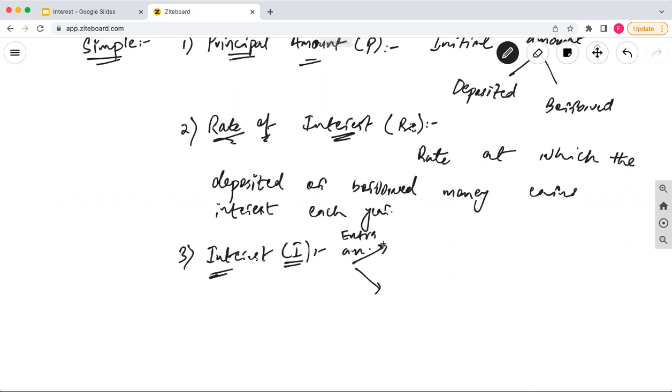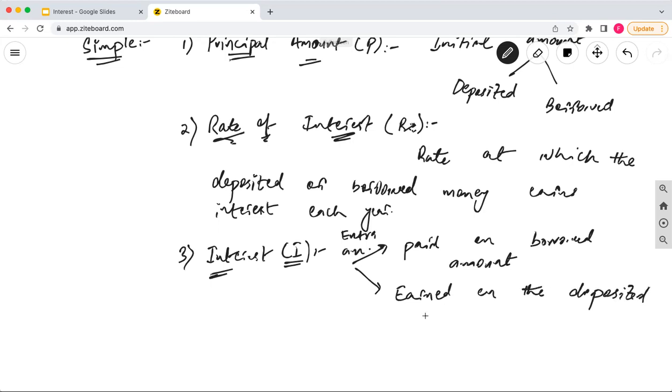The first is that it is usually paid on a borrowed amount. Another scenario is that it is earned on the deposited amount. Right? This is the third thing.